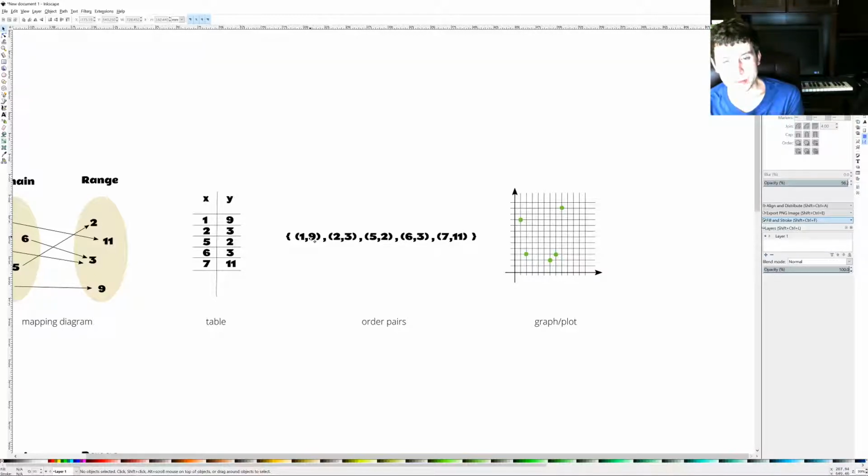We can show the relationship between inputs and outputs as a graph or as a plot where the input is the horizontal axis, or x coordinate, and the output number is the vertical axis.